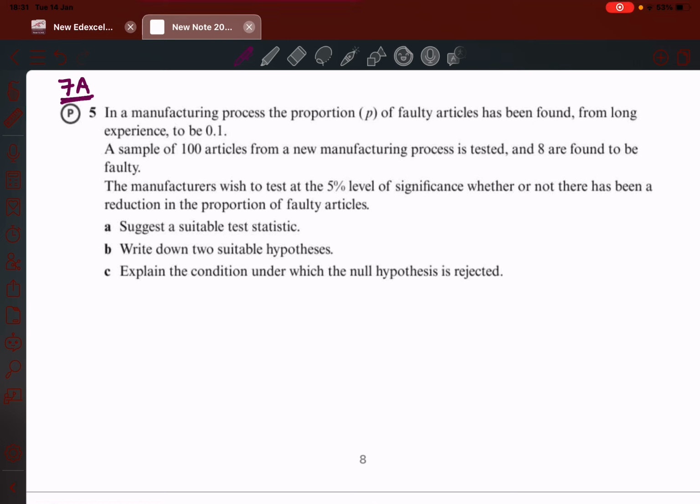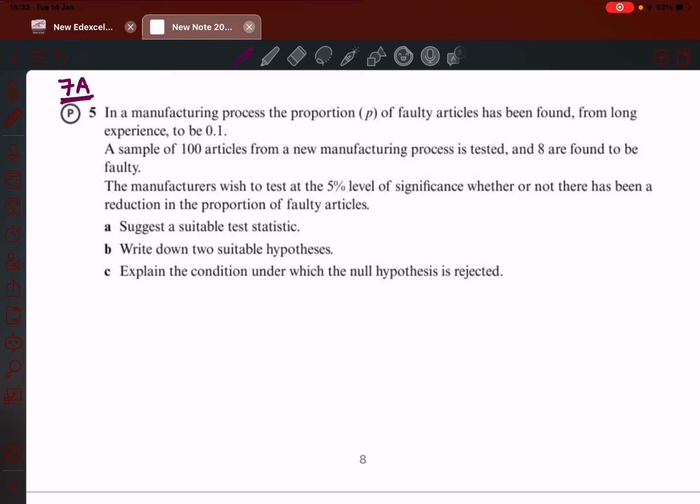It says, in a manufacturing process, the proportion P of faulty articles has been found from long experience to be 0.1. A sample of 100 articles from a new manufacturing process is tested and 8 are found to be faulty.